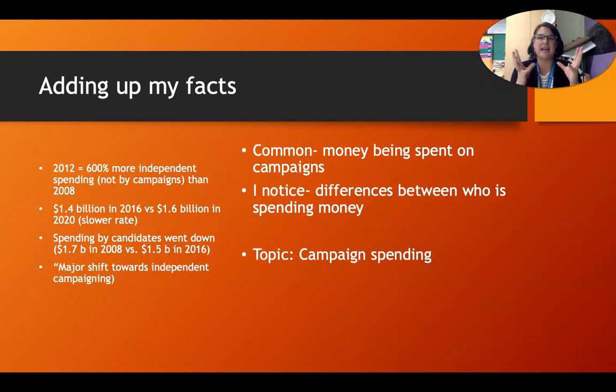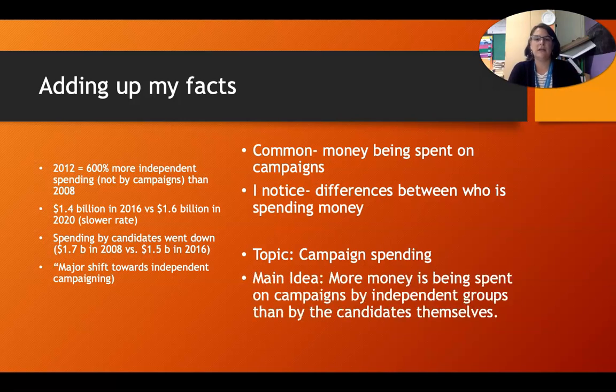So in fact, I kind of went back and refined my topic to campaign spending. So kind of like election spending, but this was more about how much campaigns are spending, specifically, not just on the election in general. And I refined my main idea to say more money is being spent on campaigns by the independent groups than by the candidates themselves.